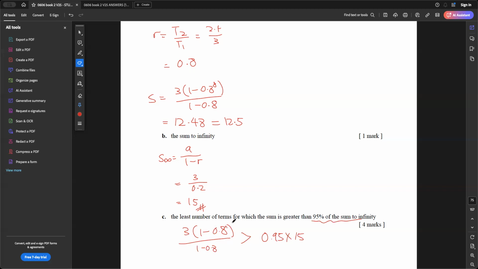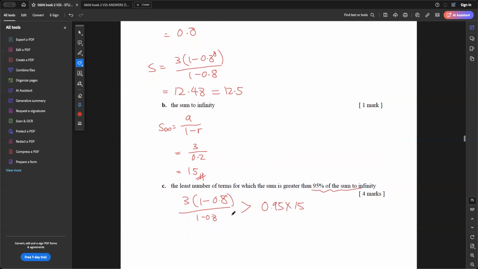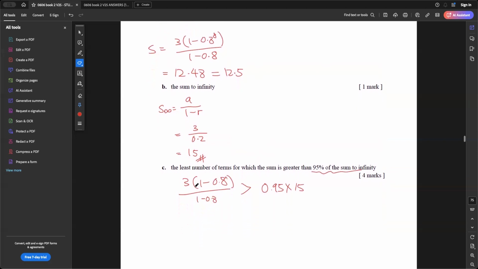So from here, it's just basic algebra already. Sorry, not basic algebra, it includes logs. Solving for this, bring the 0.2 over, I would have 0.95 times 15 times 0.2, divided by 3, then minus it by 1, and then solve the logarithm using the log formula here.